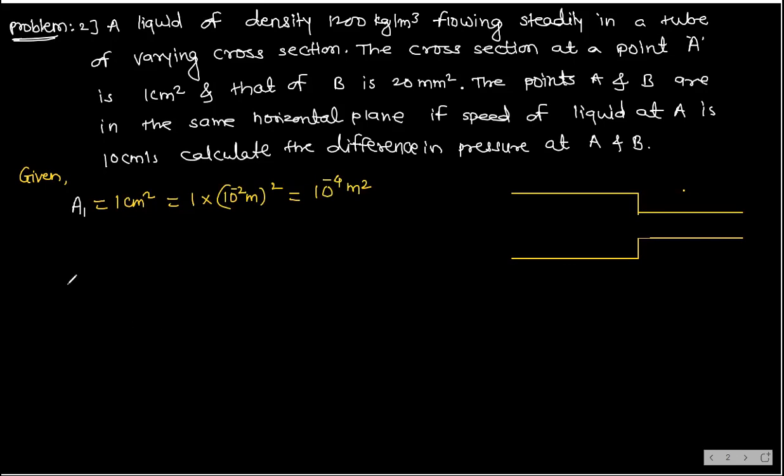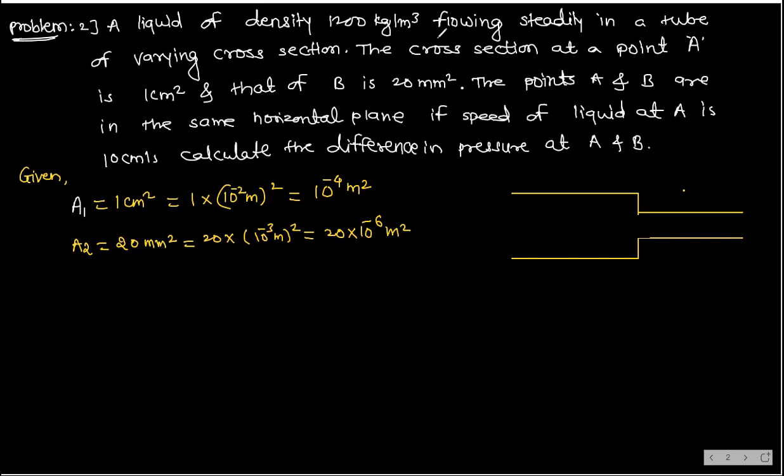Okay. Next one. A2 is given 20 millimeter square. So this is 20 into, millimeter means how much? 10 power minus 3 meter whole square. So this is 20 into 10 to the power minus 6 meter square. Yes, no? Check it once. Is it correct? Yes.